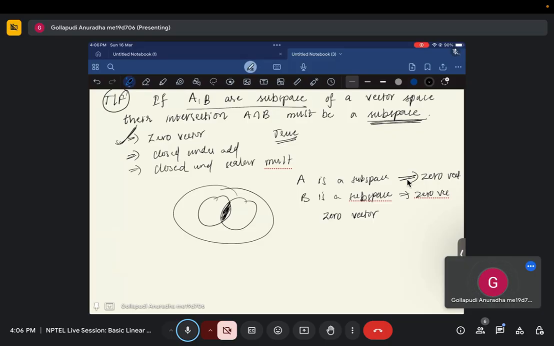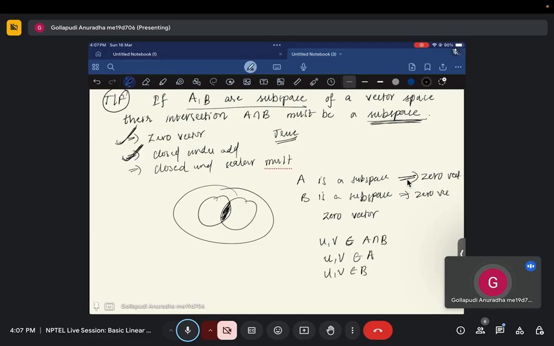Okay, so next we'll see this thing. Suppose I'm saying that u and v are vectors in A intersection B. It means that u and v will belong to A, and u and v will belong to B also, right?